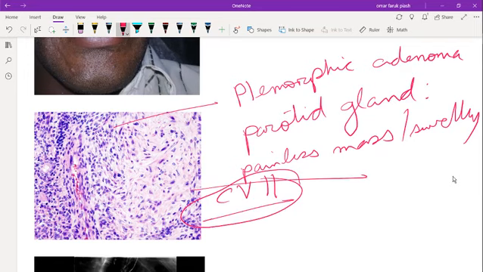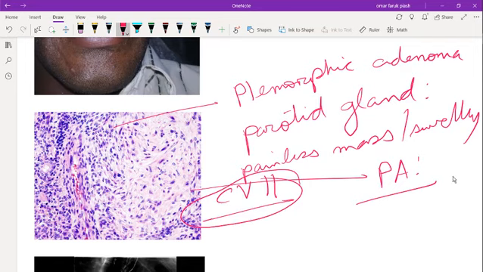Another thing you have to remember is that pleomorphic adenoma is composed of chondromyxoid stroma and epithelium. It recurs if incompletely excised or ruptured inappropriately. It may undergo malignant proliferation.